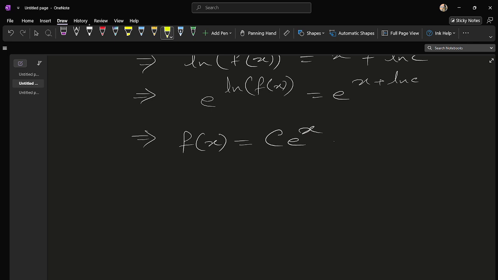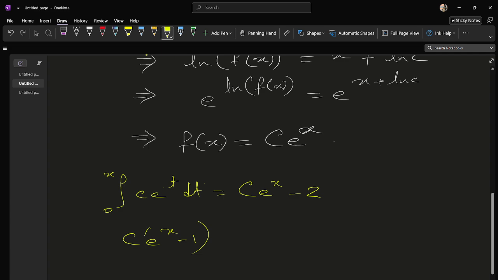Then integral 0 to x of c e to the power t dt equals c e to the power x minus 2.